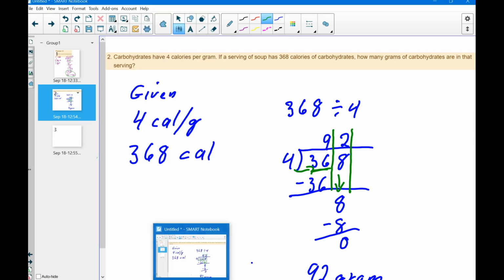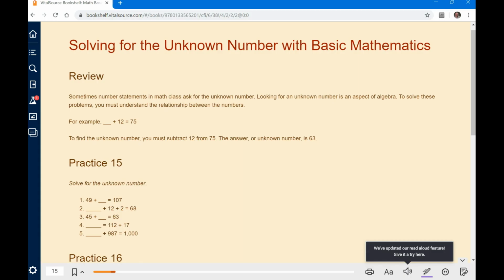Now, this is where the real math starts to come into play. The next part right here is solving for an unknown number.